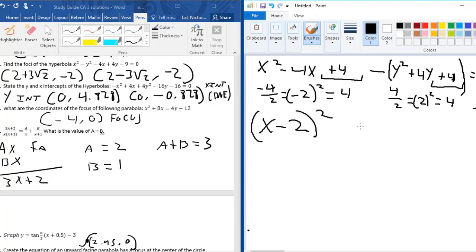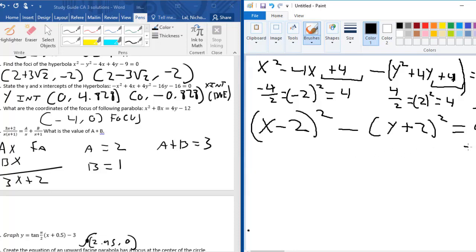The y term is going to be equal to y plus 2 squared. 9 plus 4 minus 4. The 4's cancel out, and that's equal to 9. Now, the standard form of a hyperbola is equal to 1.